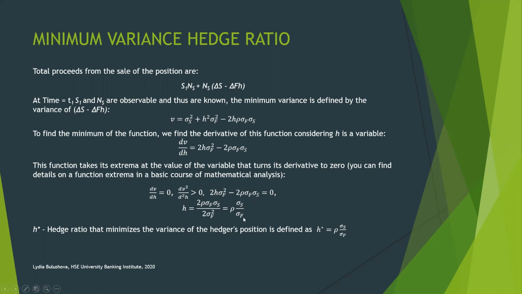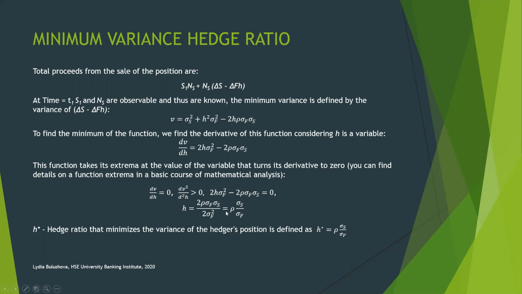A very simple thing. So the Hodge ratio that minimizes the variance of the Hodge's position is defined as follows.